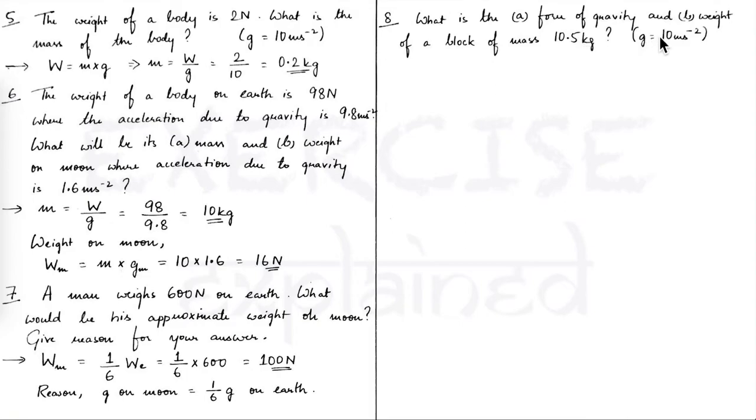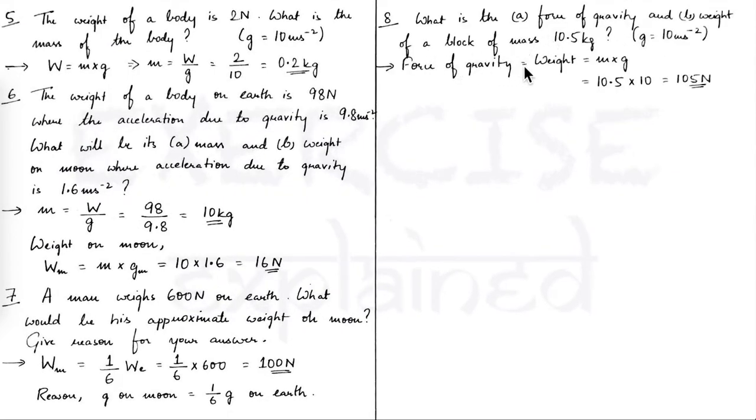Acceleration due to gravity is given as 10 meter per second square. Now force of gravity will be equal to weight, that is equal to M into G. So M is 10.5 into G is 10. So 10.5 into 10 we get it as 105 newtons.